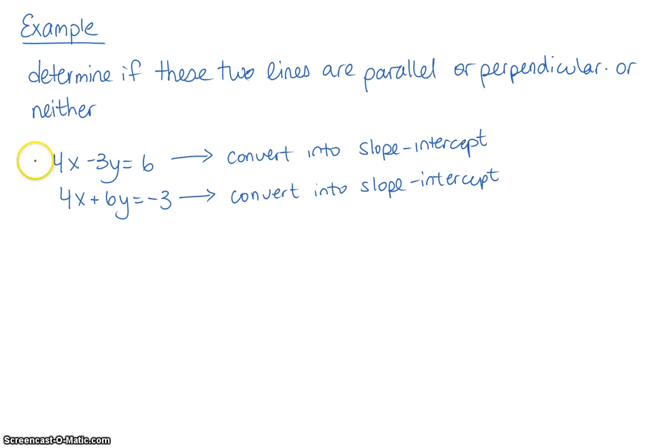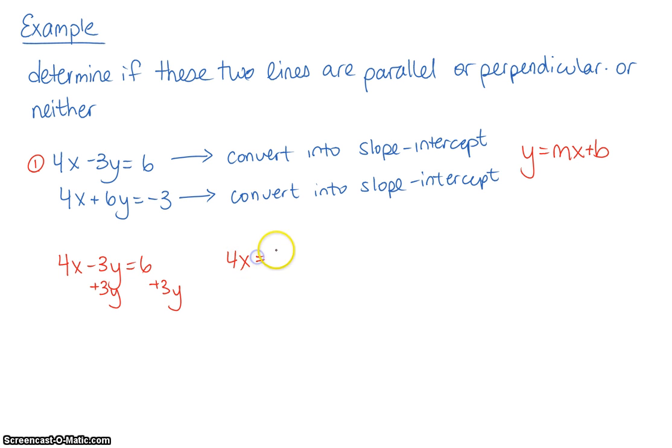So let's look at equation number 1 first, and let's work with that one. So I've got 4x minus 3y equal to 6. I want to isolate for y because I want it to get into y equals mx plus b. So I can move everything over. In this case, I'm going to move my 3y over to both sides, just to make it positive. So I'll have 4x is equal to 6 plus 3y, minus 6 on both sides.